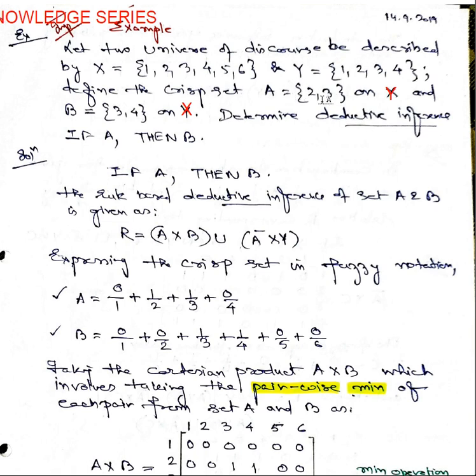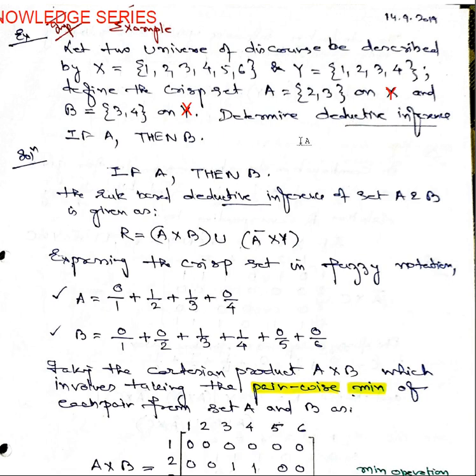This is nothing but the elements where the membership value is equal to 1 on y, and B is equal to 3 and 4 on x. So that is what has been defined here. That means this crisp element is on this particular set, and this crisp element is on this particular set.